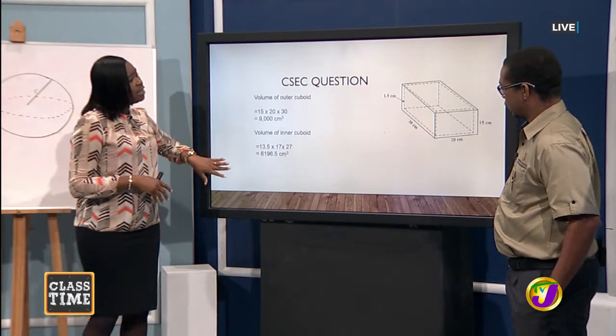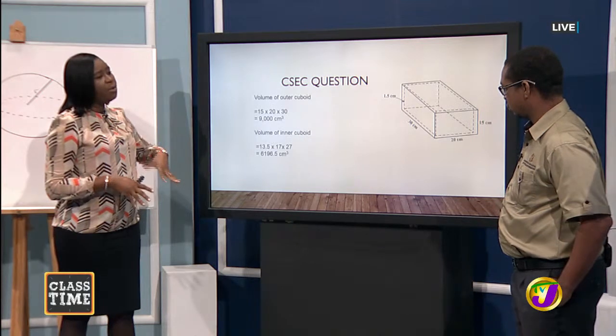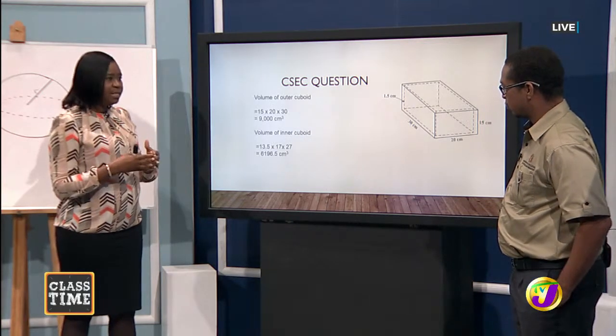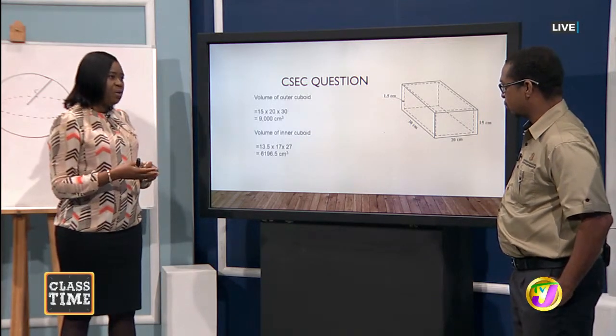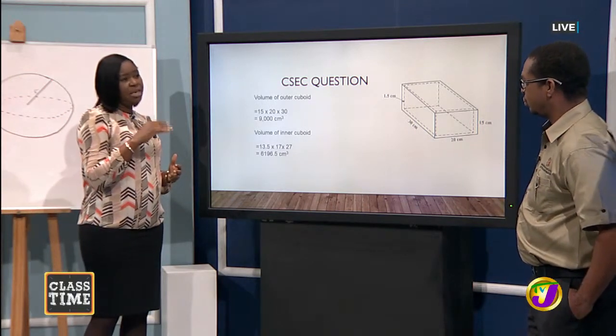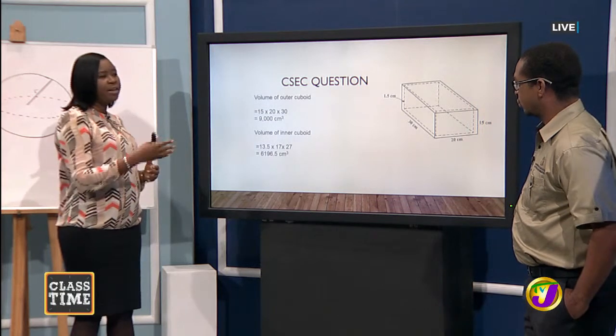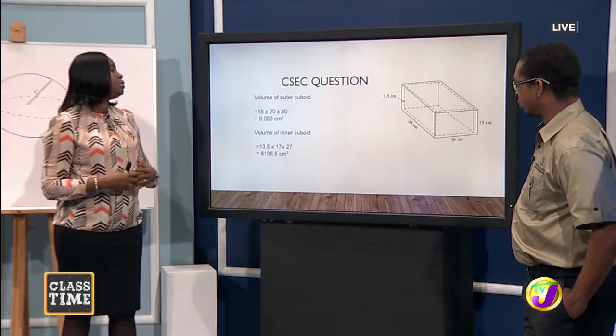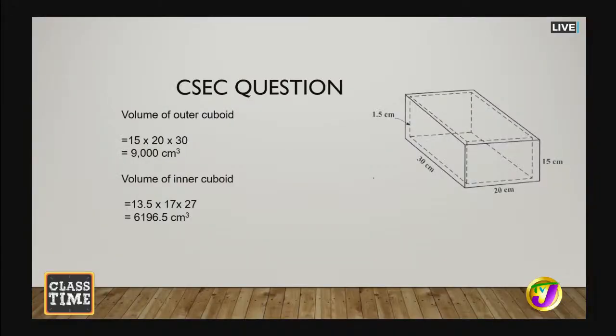It's very important that we pay attention to what the question is asking, what is given in the question, and to take into consideration the different information that we have and how it will affect the dimensions of the solids. So after subtraction, we would get a volume of 2,803.5 cubic centimeters.